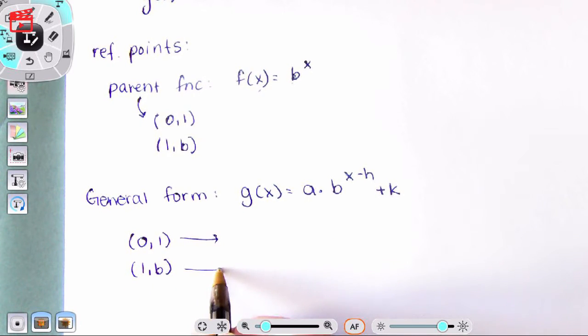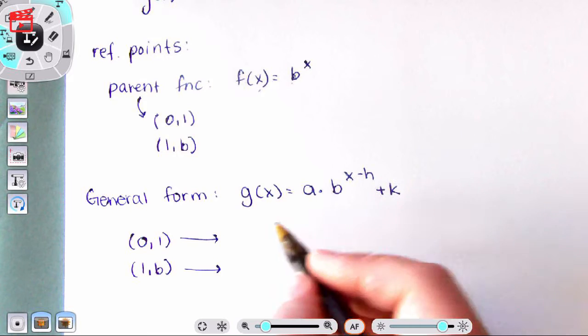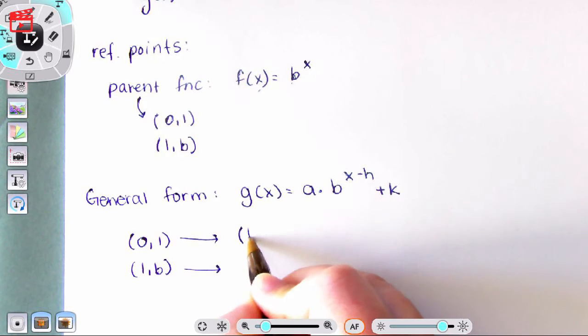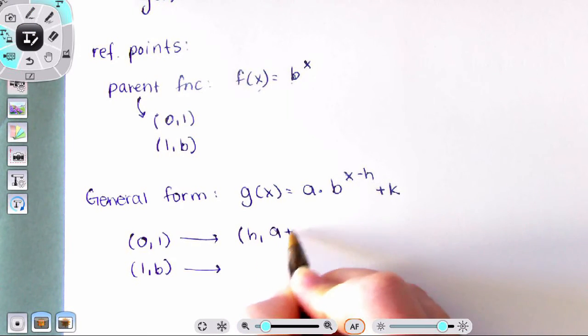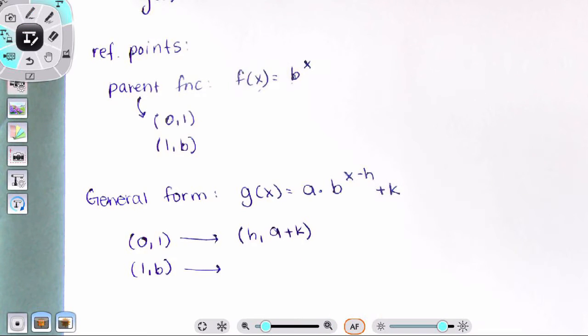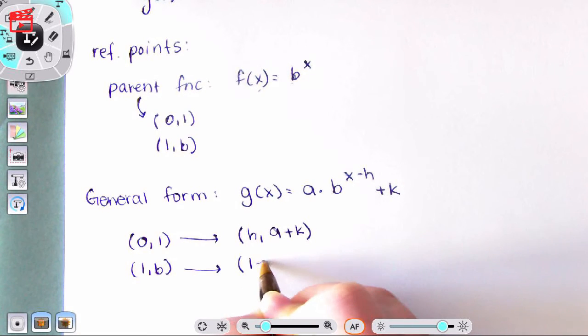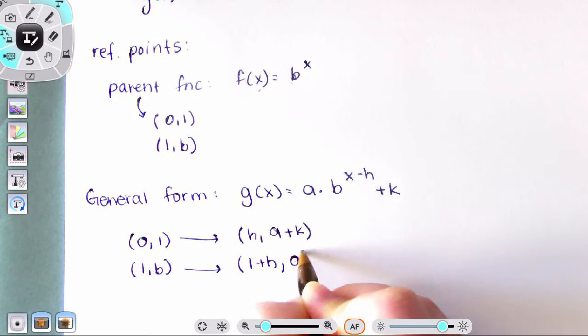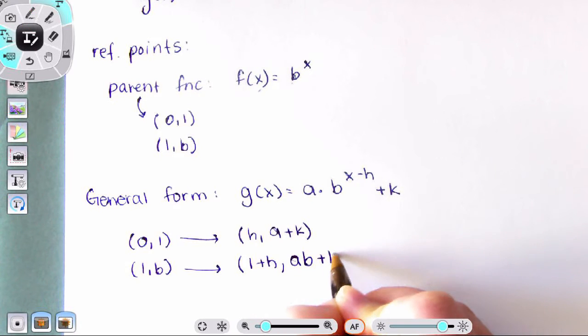These here get translated and reflected. They change to (h, a plus k) and (1 plus h, a times b plus k).